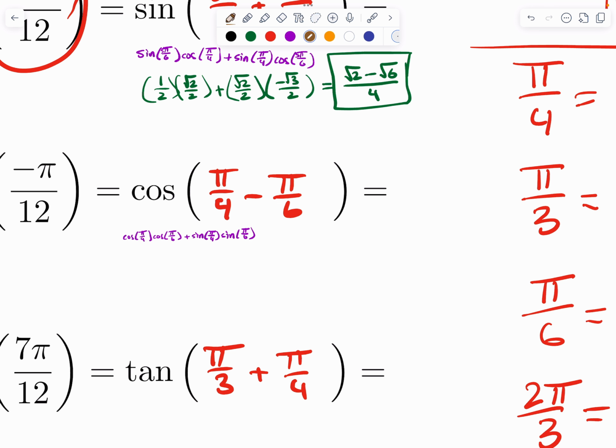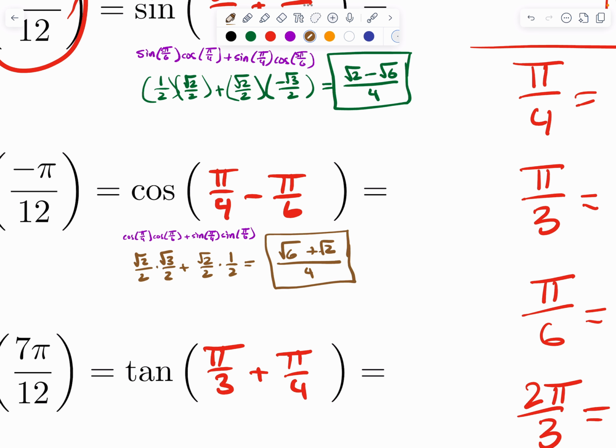Okay, radical 2 over 2, radical 3 over 2, plus radical 2 over 2 times 1/2. So this is radical 6 plus radical 2 over 4.